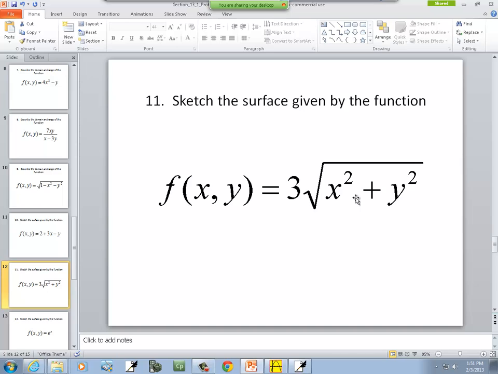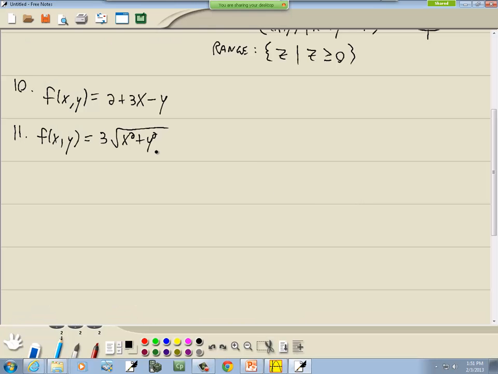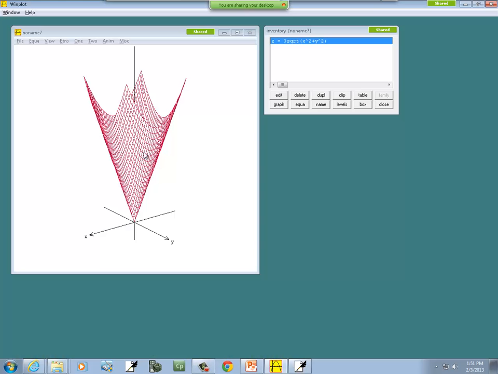I talked about this, the x squared plus y squared has got to be greater than or equal to 0. It can be equal to 0, which means that it's a point. So if I look down here, rotate it a little bit.